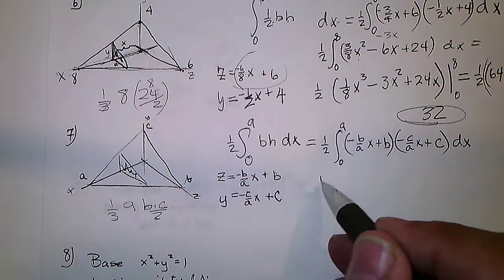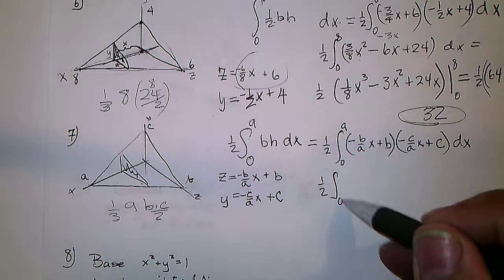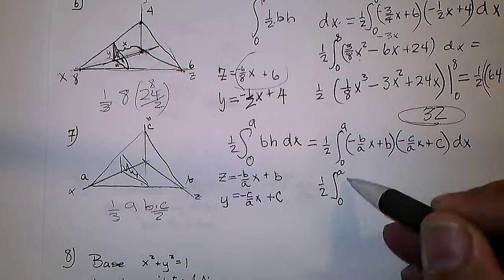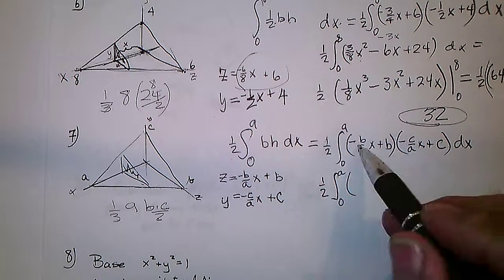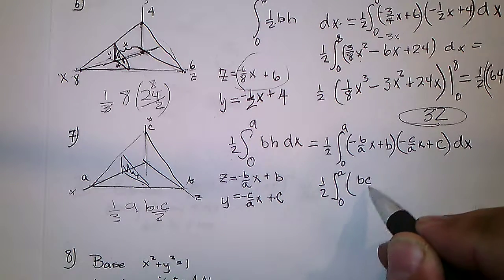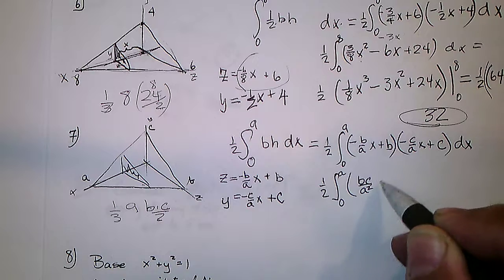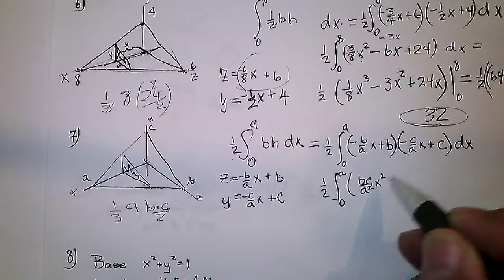So we get 1/2 integral from 0 to a of this times this is plus bc over a squared x squared.